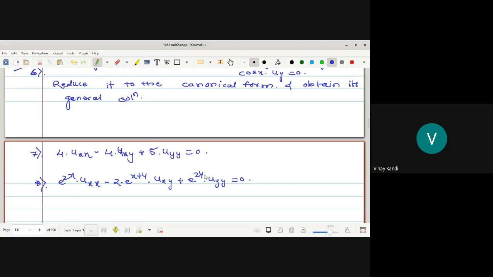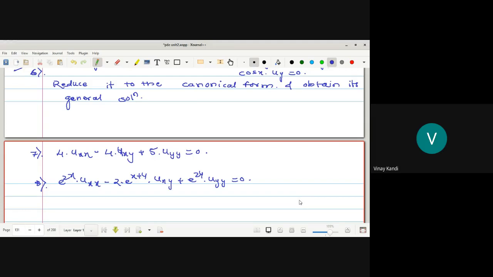Now, the next point of our syllabus is solution of one-dimensional wave equation. We've seen how the second order partial differential equation generates the one-dimensional wave equation, which is the origin of the second order partial differential equation.